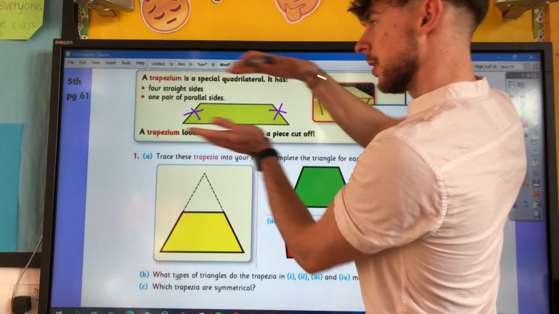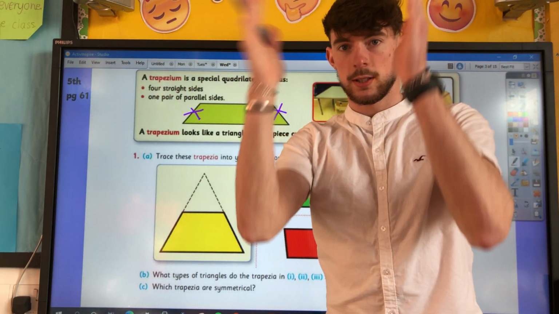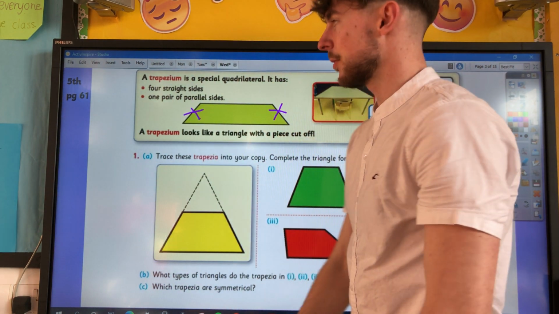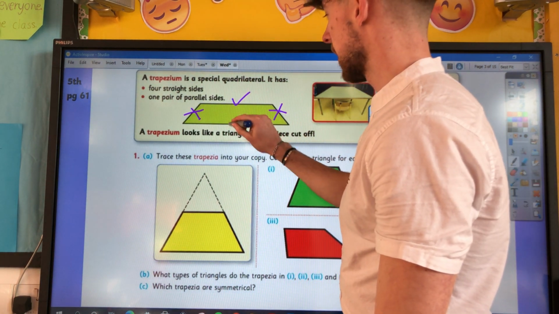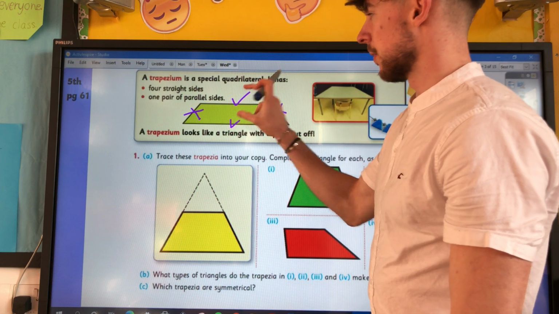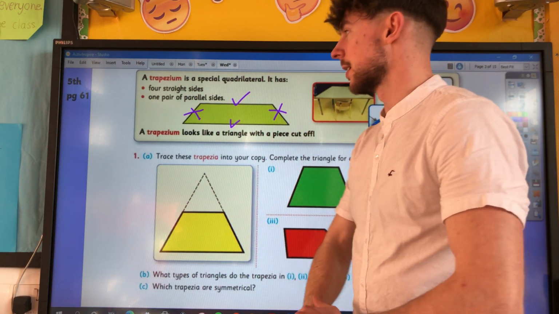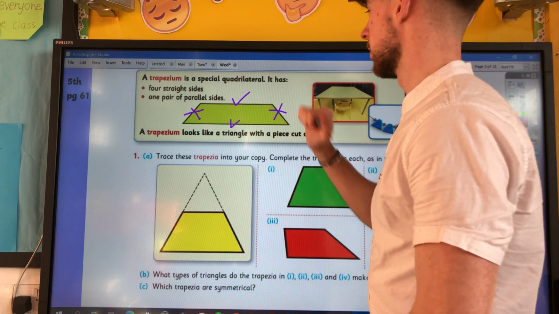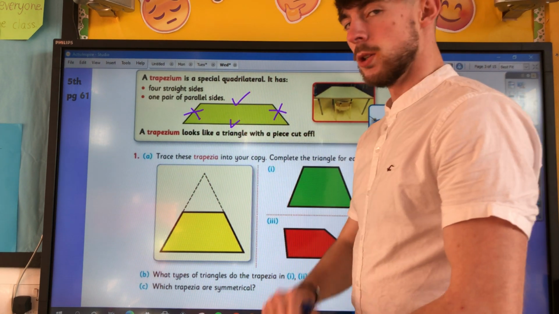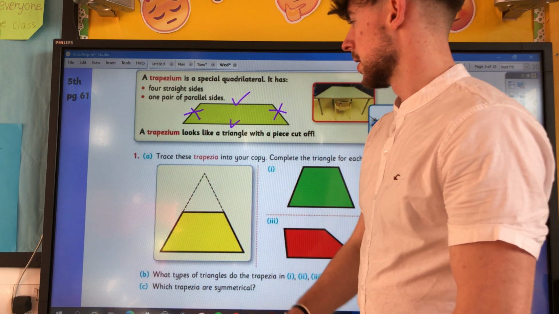These 2 lines here are going straight in the same direction. They're never going to meet, so they are parallel, alright? So they have 1 pair of parallel sides and 4 straight sides. 1, 2, 3, 4, 4 straight sides and 2 parallel lines, alright?